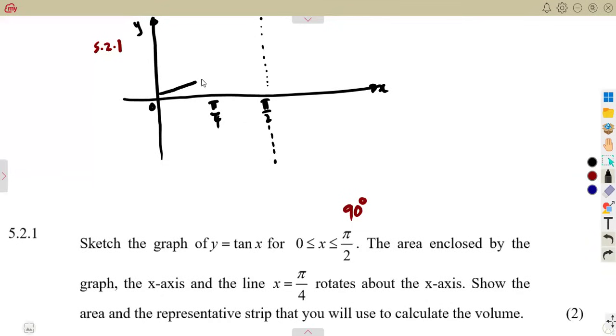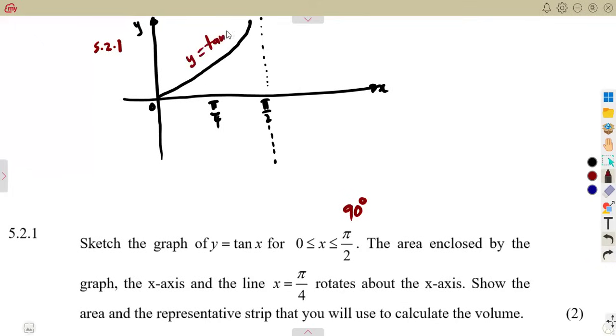It's supposed to be a piece of this nature from 0 going up, as if it approaches, it does not meet this pi over 2 because that's an asymptote. So there is going to be another section, and so on. At pi over 4, it corresponds with 1, which is fine. So in this case, that is our graph.